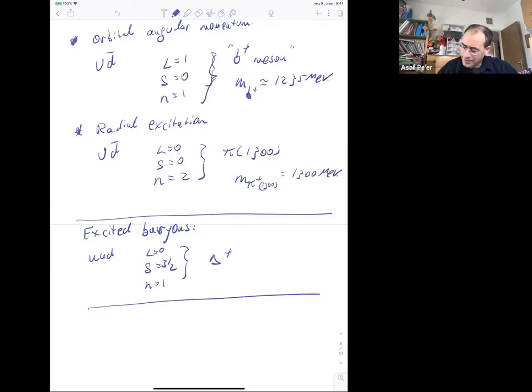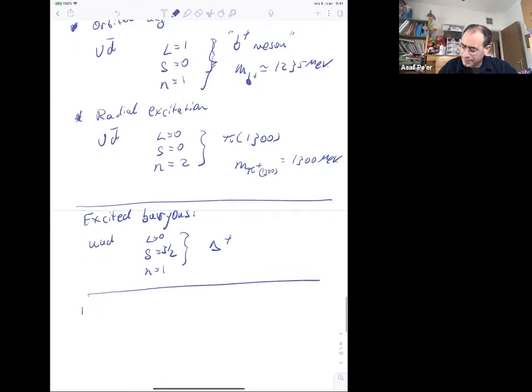So in addition, we have heavier mesons and baryons, not only from excited states of the lightest baryons, but also from heavier quarks.